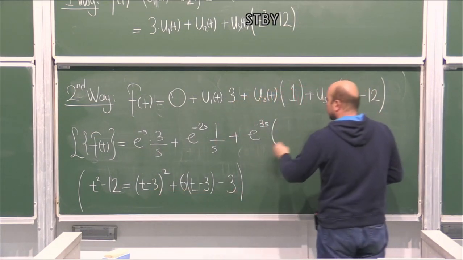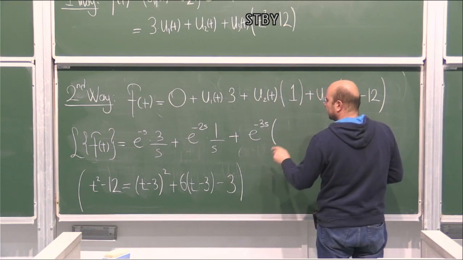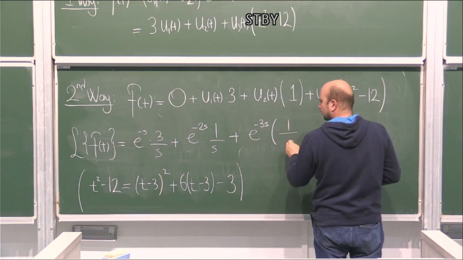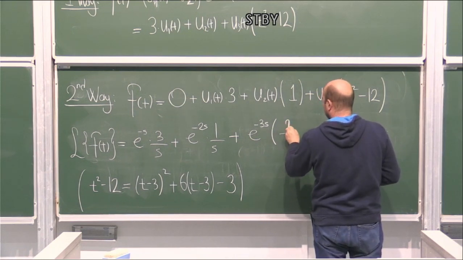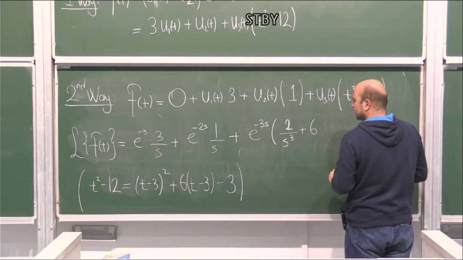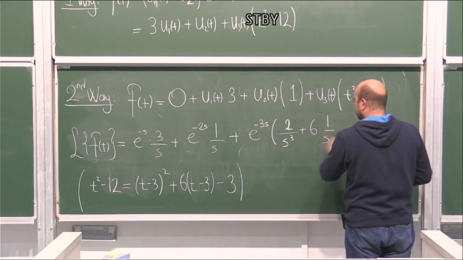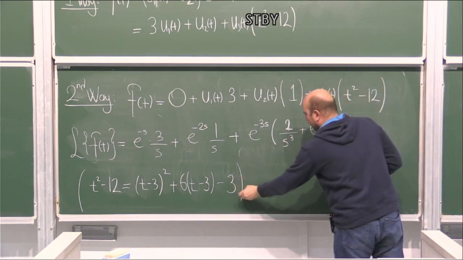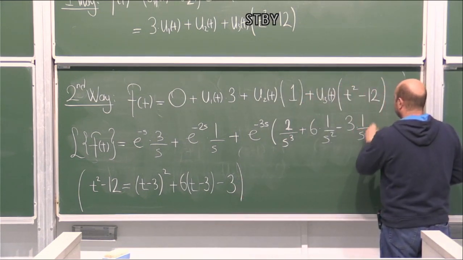And so then I need to take the Laplace of t squared, which is 2 over s cubed, plus 6 times Laplace of t, which is 1 over s squared, minus 3 times Laplace of 1, which is 1 over s.